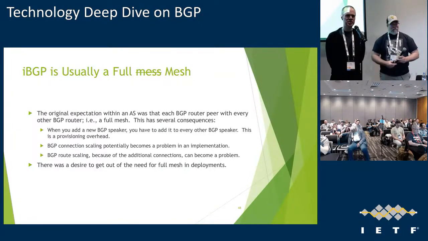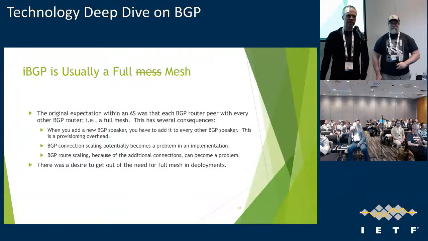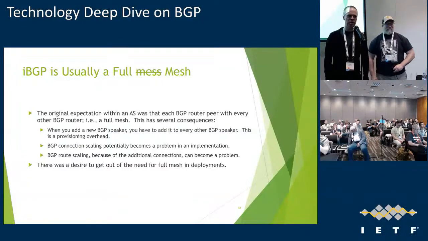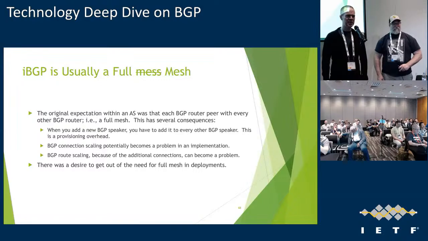BGP as it was originally conceived and deployed had a very simple deployment model, which is that for IBGP within an AS, every router simply talked to every other router, and they all told each other all of their routes, and life was good.